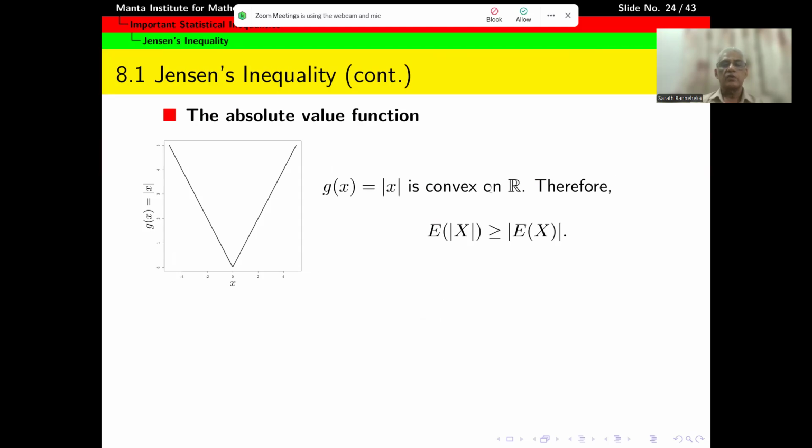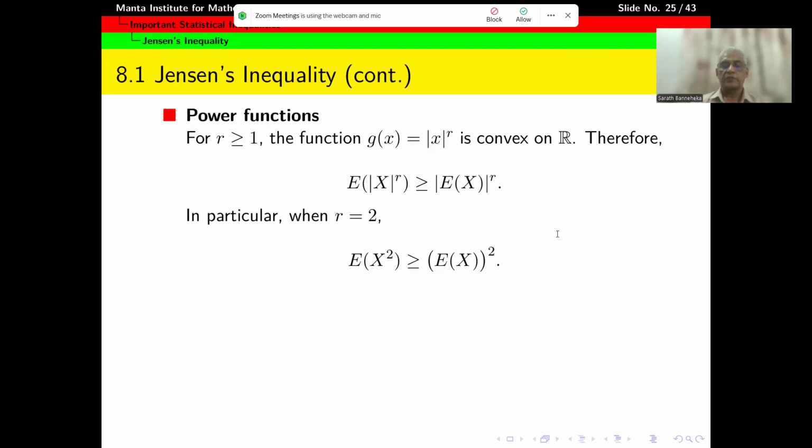And there is another convex function, g(x) is equal to absolute x. So that is a convex function very clearly. So therefore, the expected value of the absolute value of X should be greater than or equal to the absolute value of the expected value, right? And for a power function, for any r greater than or equal to 1, this is called the power function, g(x) equal to the rth power of the absolute value of x, is a convex function.